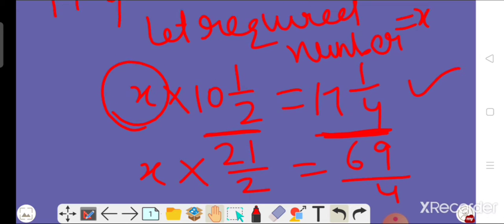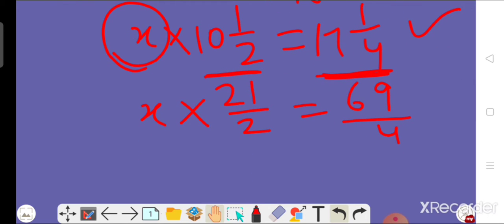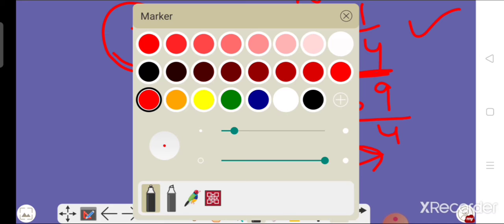Now, 21 by 2 is in multiplication, and we know that if we take this 21 by 2 towards the right side of the equality, this multiplication will become division.